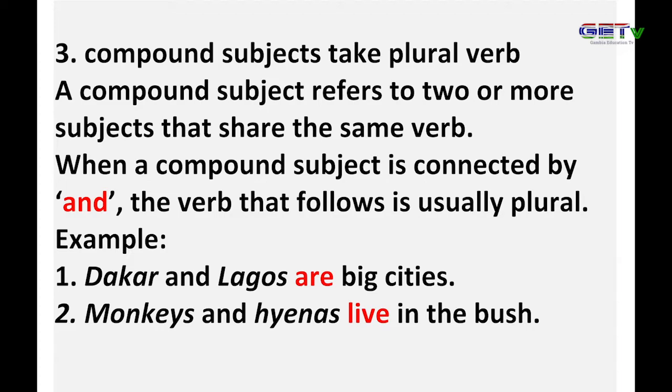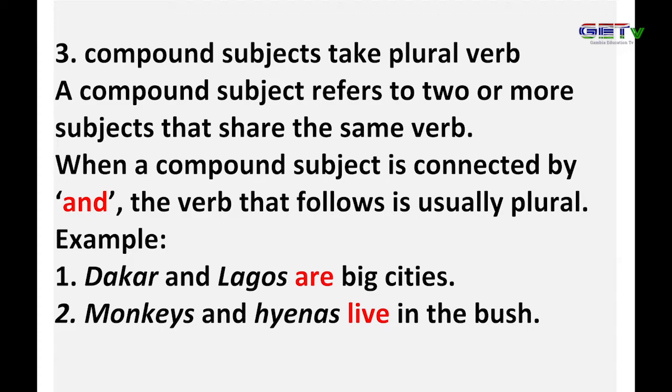We said Dakar and Lagos are big cities. Suppose that is one subject, you would have said Dakar is a big city, or Lagos is a big city. But when you join them, you say Dakar and Lagos, then you can no longer say is. You say are, because your subject is already plural.